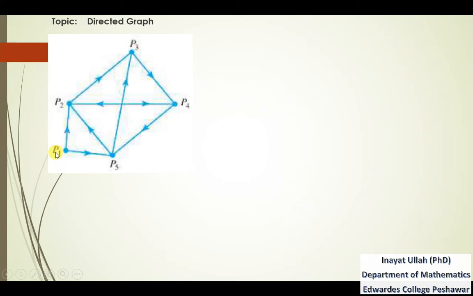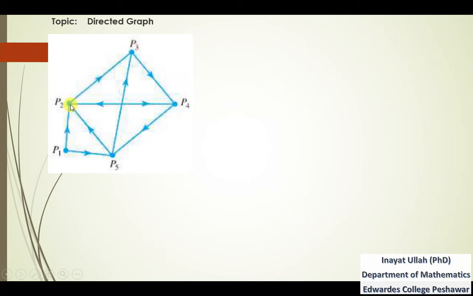These p's, p1, p2, p3, p4 and p5, are called the vertices of this graph, and we see here that there is an edge from p2 to p3. This is directed towards p3, so this link is from p2 to p3, not from p3 to p2.